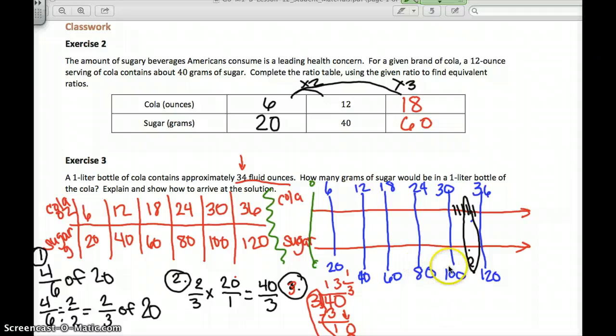So now we have found 2/3 or 4/6 of 20. So we know from here to here is 13 and 1/3. So we're going to have to add 100 and 13 and 1/3 to get how many grams of sugar we have. So step 4, add.